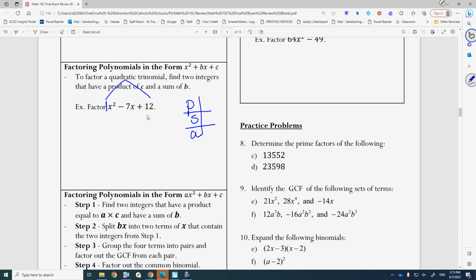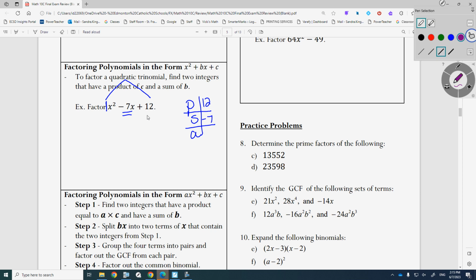So if you multiply 1 times 12, we're looking for what two numbers are going to multiply to 12 and sum to -7. Now, how we did this was you always take that 12 and you always say, what are the numbers that multiply to 12? So 1 and 12 would multiply to 12, or -1 and -12.